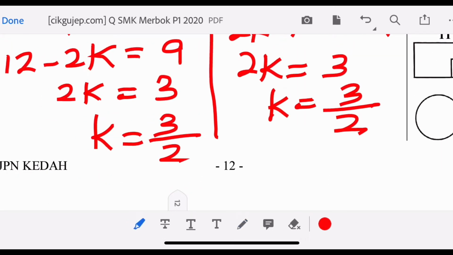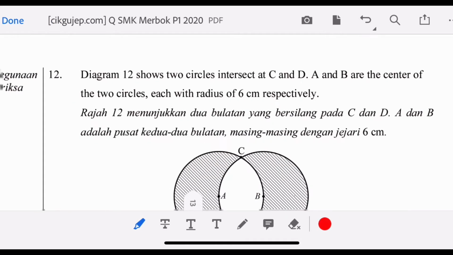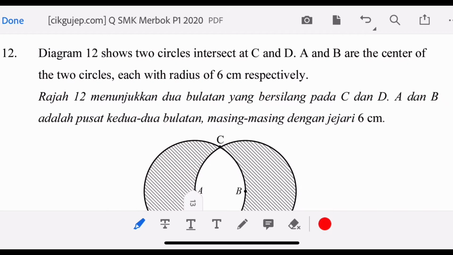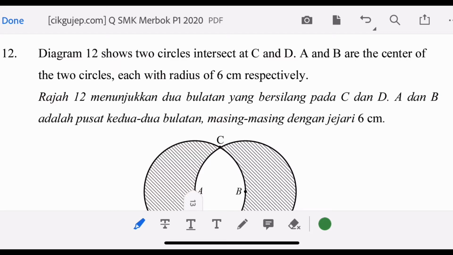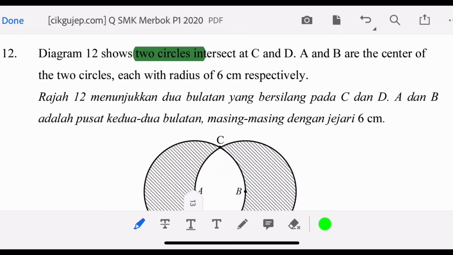Okay, so then we will proceed to the next one, which is this question is a bit challenging. By looking at the question, it shows 2 circles intersect at point C and D. So A and B are the center of the two circles, each with a radius of 6 centimeters respectively.